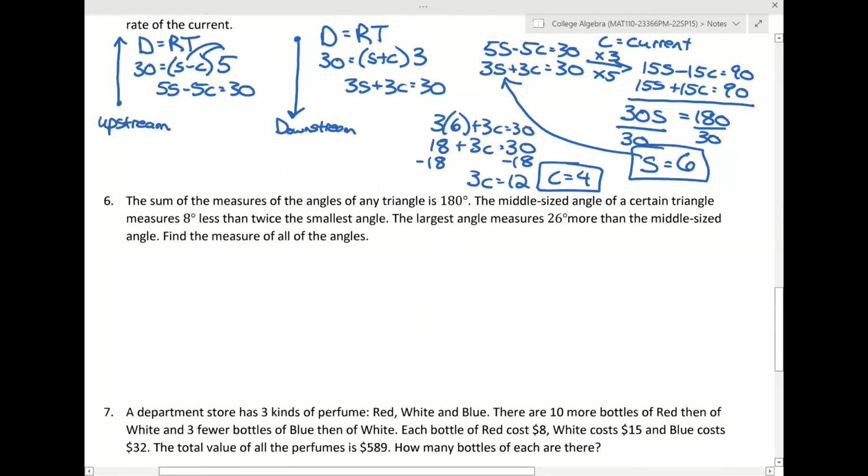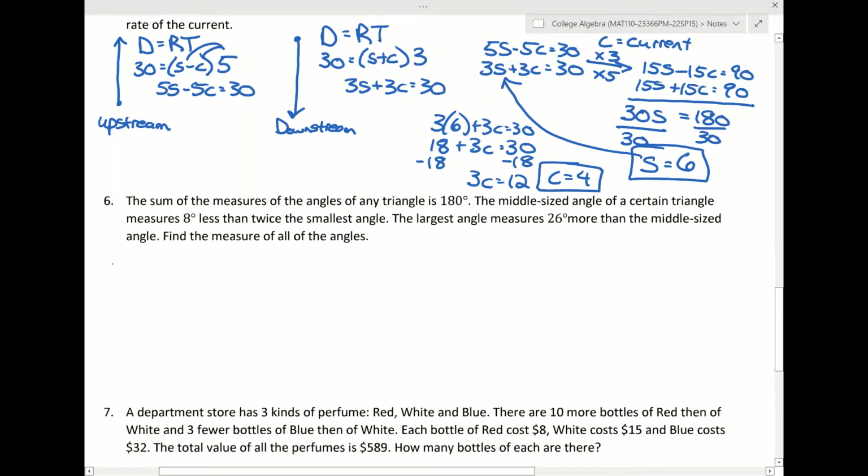Number 6 says the sum of the measures of the angles of any triangle is 180 degrees. The middle-sized angle of a certain triangle measures 8 degrees less than twice the smallest angle. The largest angle measures 26 degrees more than the middle-sized angle. Find the measure of all the angles. Just like anything else, let's try to get organized here.